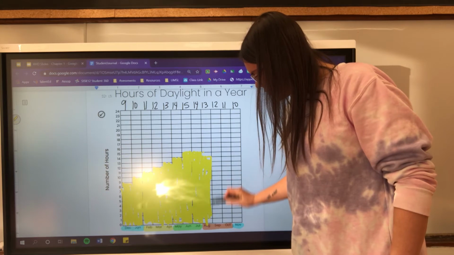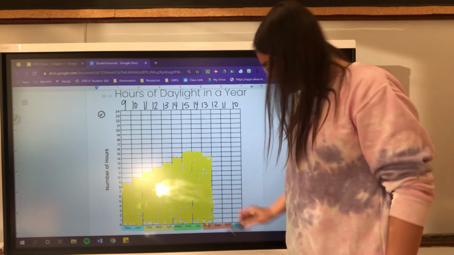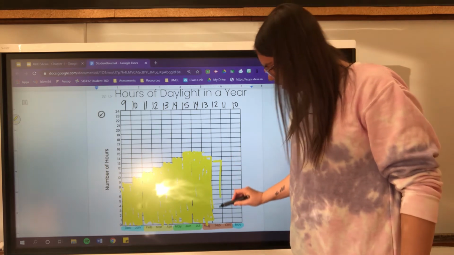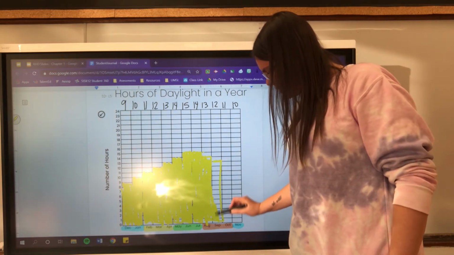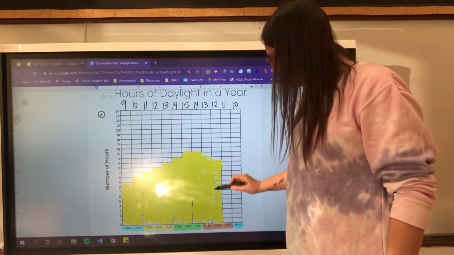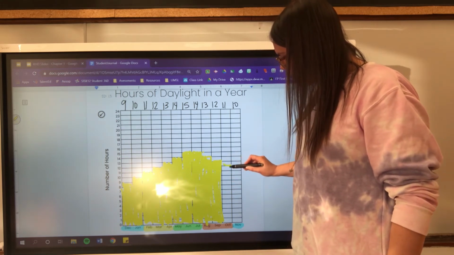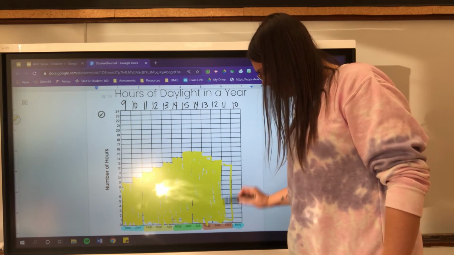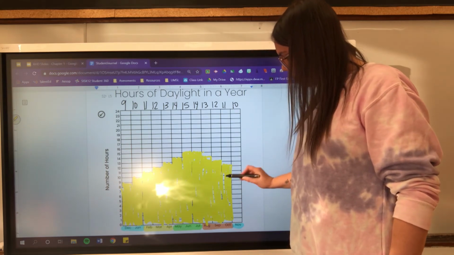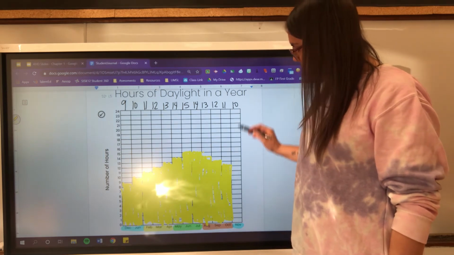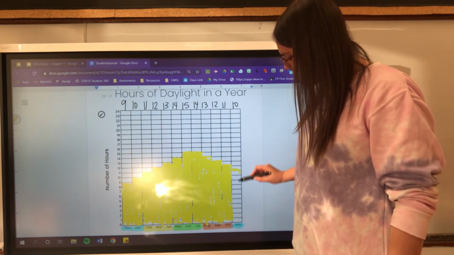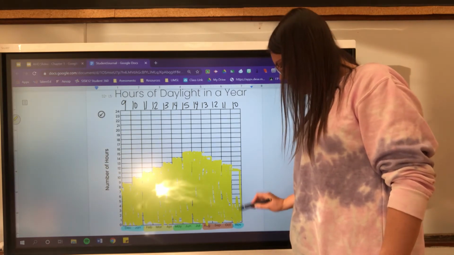So now we're getting those fall seasons. So August is kind of around fall time, and then 12 for September, 11 for October, and then the month that we're in right now, we're mostly seeing about 10 hours of sunlight, and the rest of them are nighttime.